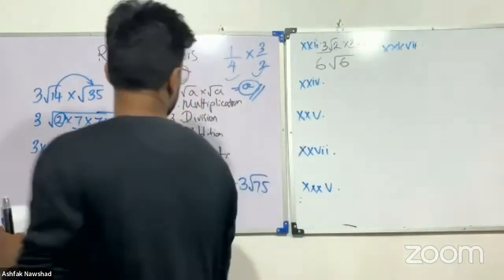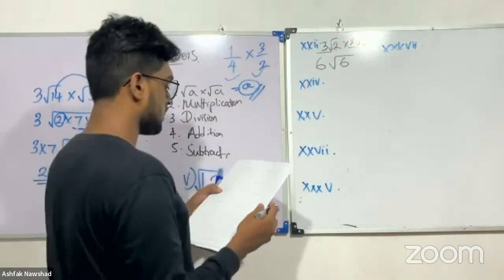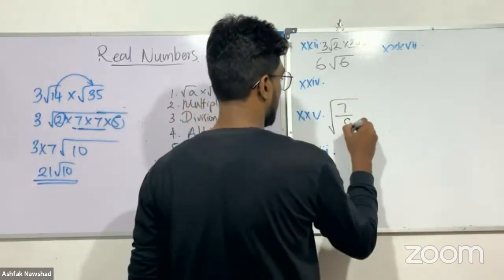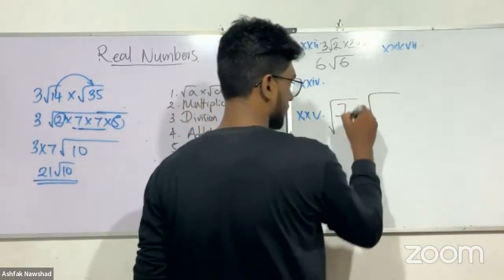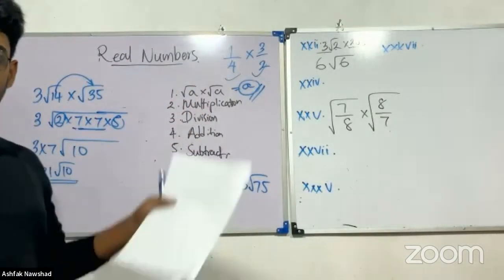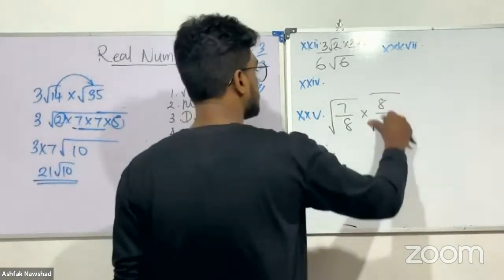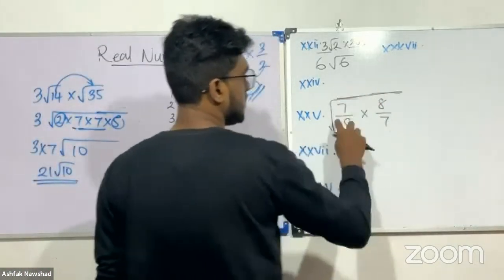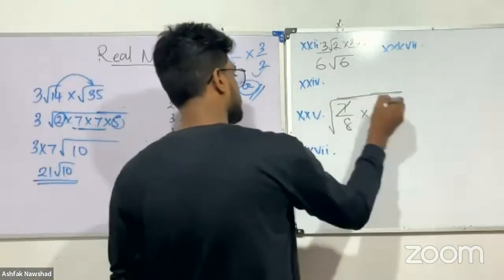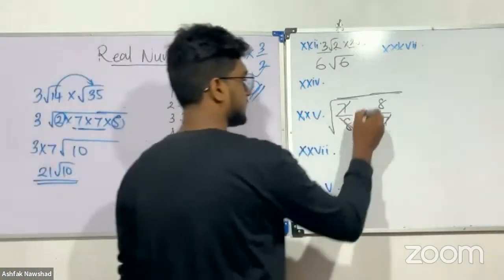Okay. And the next question, that's pretty easy. Question number 25. That is root 7 over 8 into root 8 over 7. I told you we can combine the roots if it is multiplication and division. So I'm going to write this inside one root. 7 and 7 get cancelled. Now 8 and 8 get cancelled.